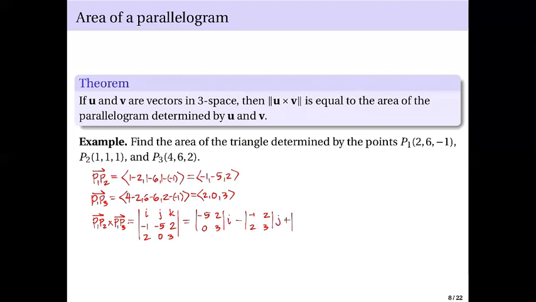Third, you have negative 1, negative 5, 2, 0, K. And this is negative 15 I, minus quantity, negative 3 minus 4 J, plus 0 minus negative 10 K. And this is equal to the vector negative 15, here you have positive 7, and here you have positive 10.